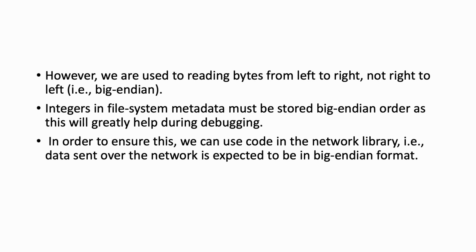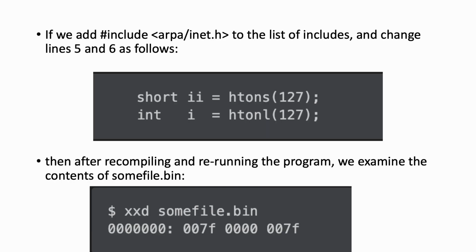Therefore, all the integers in file system metadata must be stored in big endian order, as this will greatly help during debugging. In order to ensure this, we can use code in the network library. Let's give an example here.